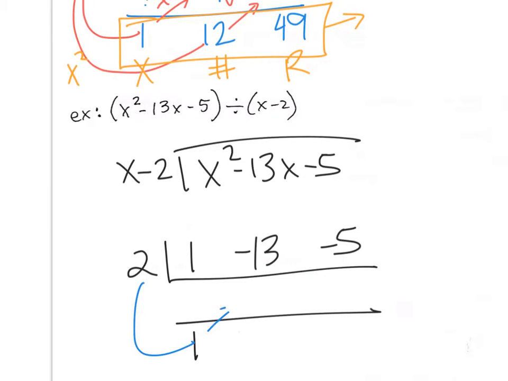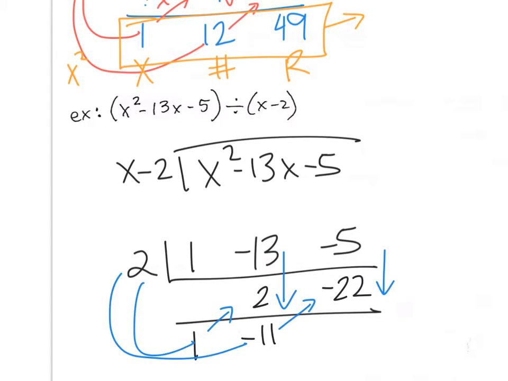And then we multiply. 2 times 1 is 2, and then we add. Negative 13 plus 2 is negative 11, and then we multiply. 2 times negative 11 is negative 22, and then we add negative 27.